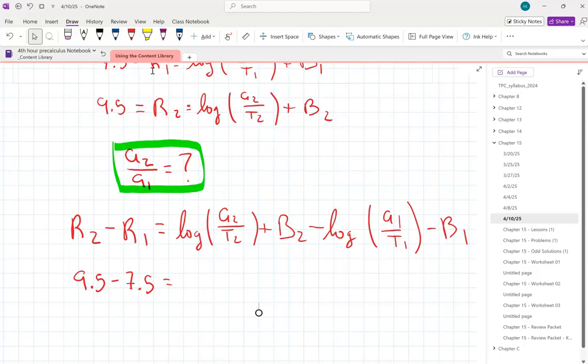Everybody's okay with that? So in essence, the B's are just zeros. They just kind of drop off. Because if I've given a Richter scale measurement, that measurement is equivalent to the instrument sitting right on top of the epicenter, so essentially the B should be 0. Because it's already corrected. Does that make sense?